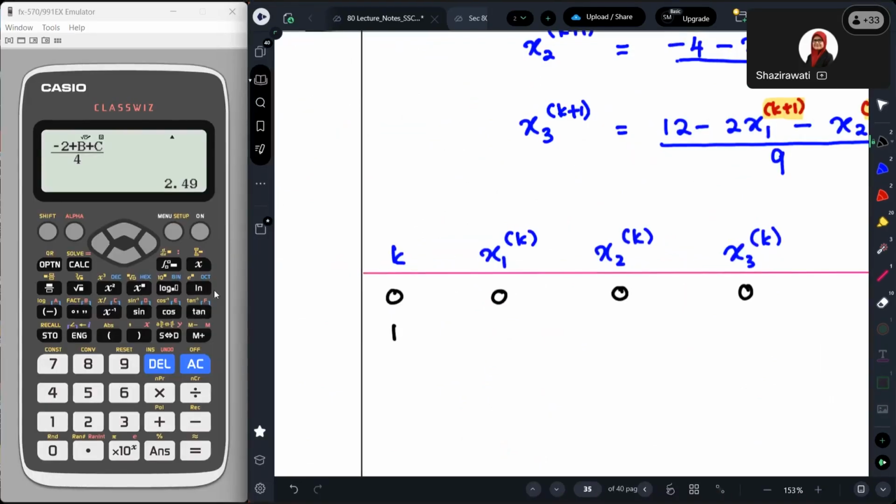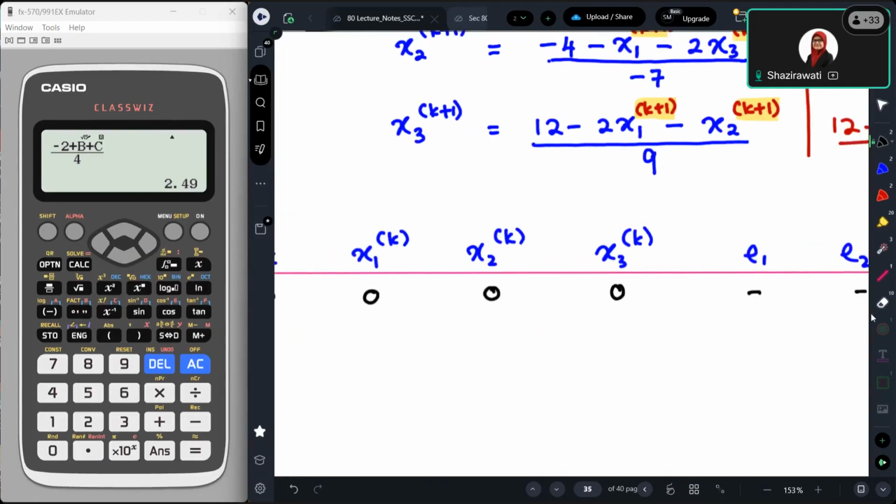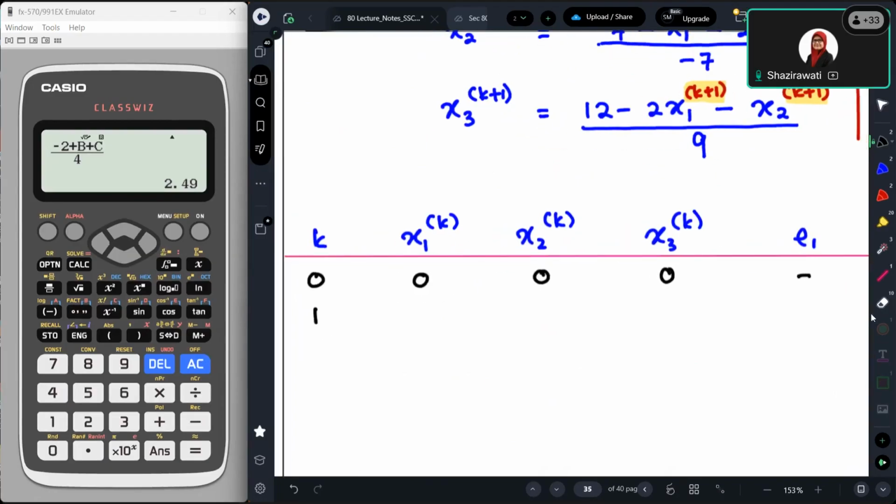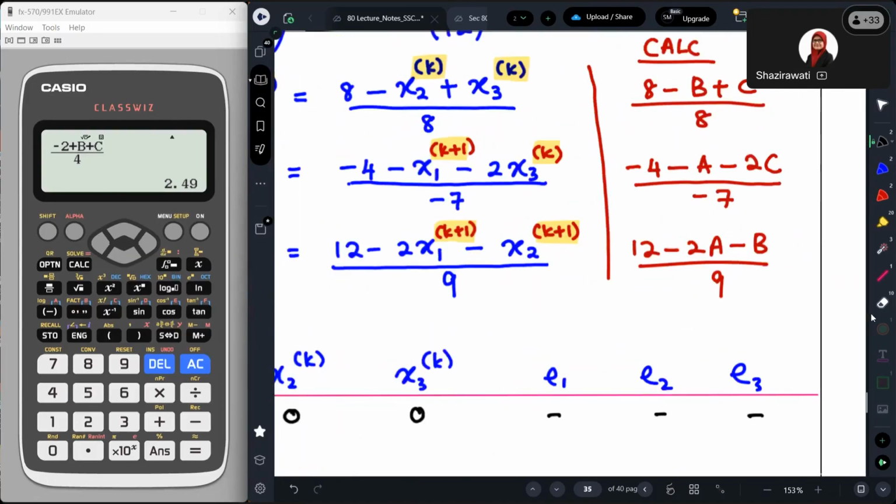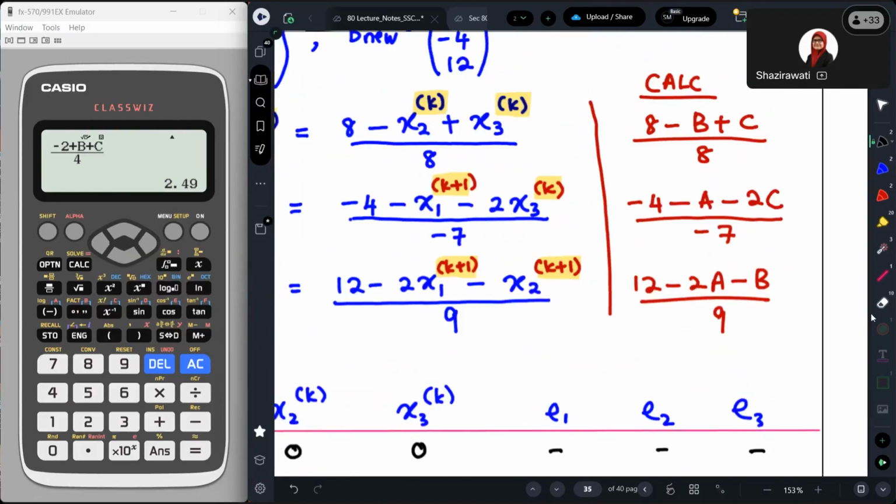Okay, nampak calculator. Saya baru configure macam mana nak share dulu. Okay, masukkan formula ni. Kita ada first formula 8 minus B plus C over 8. Okay, dah satu.